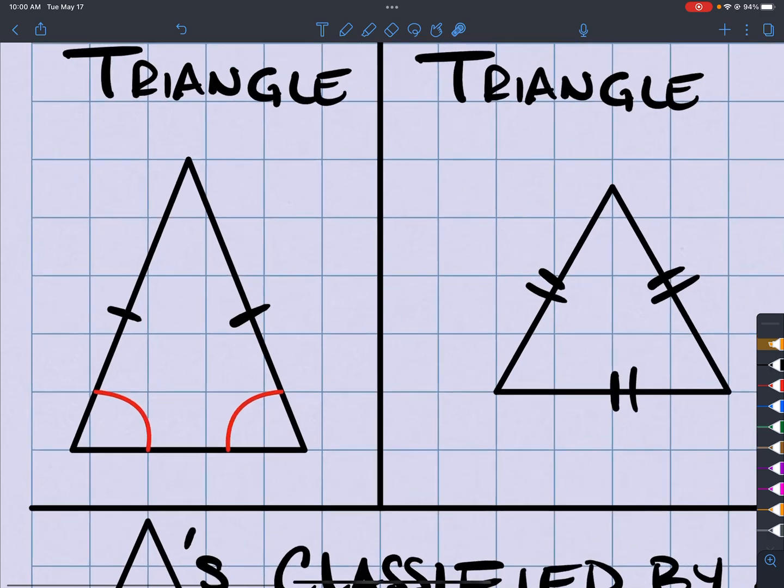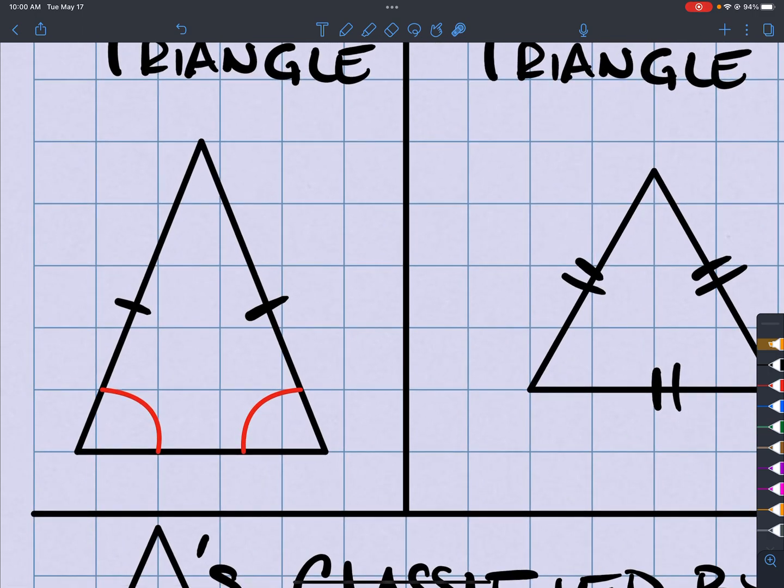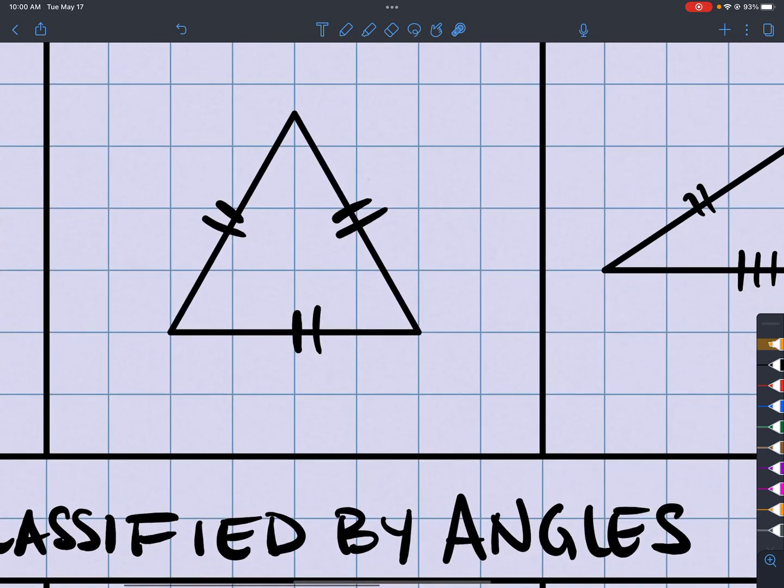So going with the philosophy of this, where because two sides are the same, the opposite angles are also the same, well, the same philosophy goes here. That means this angle is the same as this angle, which is the same as this angle.